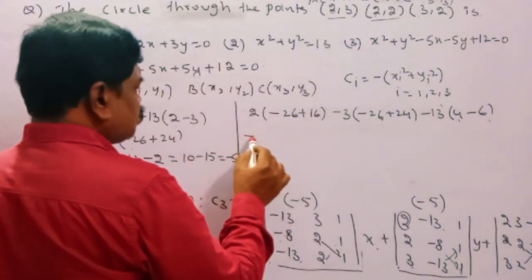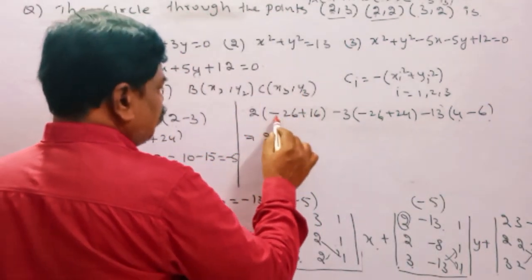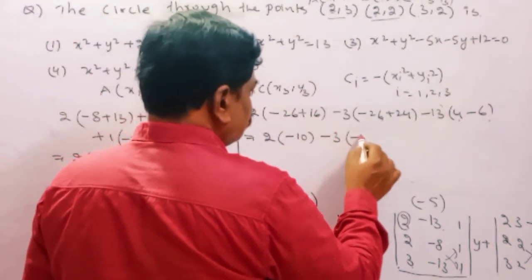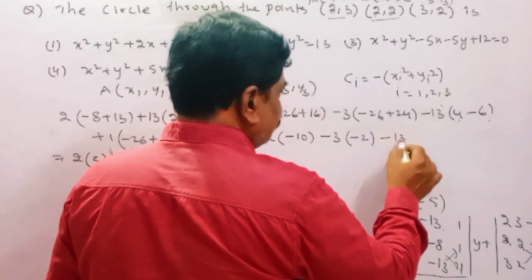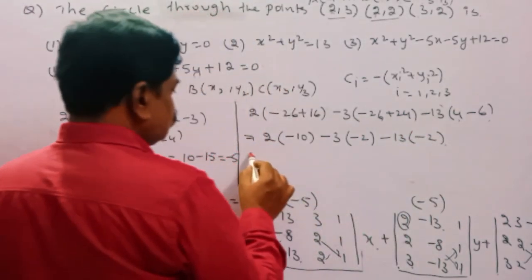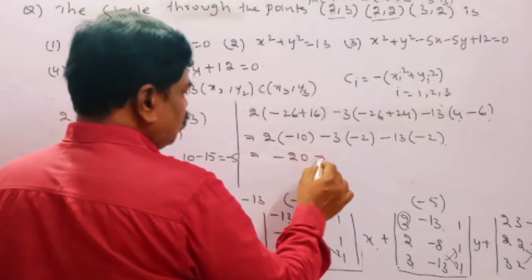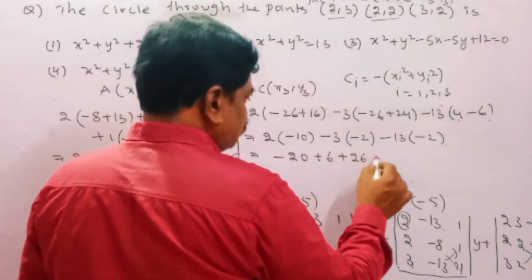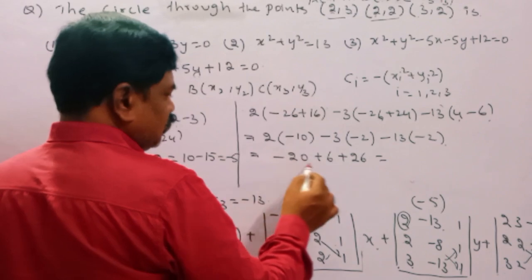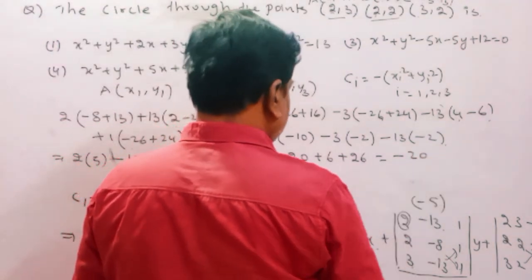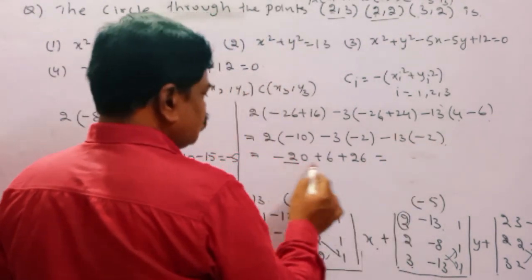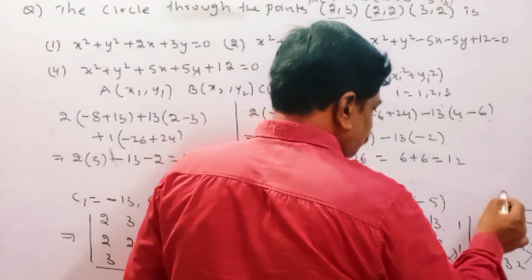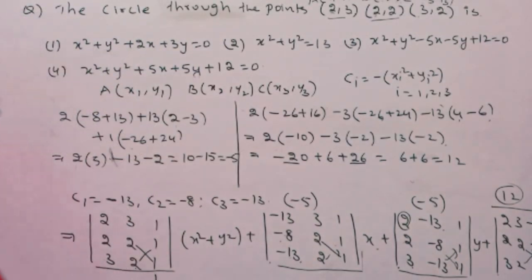Okay, all of you. So 2 of minus 26 is minus 10, minus 3 of minus 2, minus 13 of minus 2. So minus 20 plus 6 plus 26 equal to minus 20 plus 26, 6 plus 6 equal to 12. This value is 12. Okay, all of you.